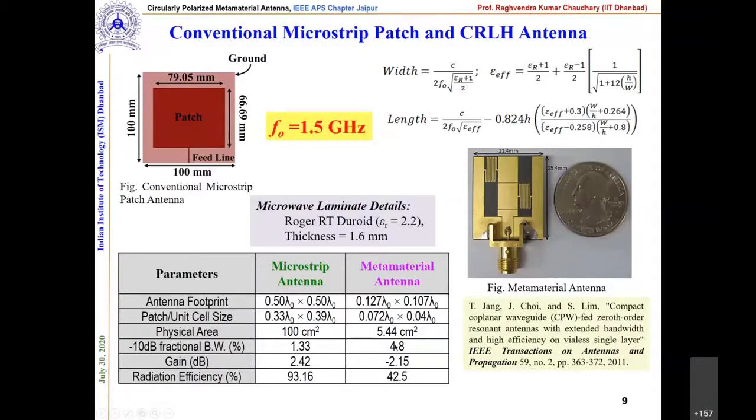This is a research objective. What we said is that from metamaterial antennas, we can achieve the size reduction. The second objective we took is the exchange ratio bandwidth.